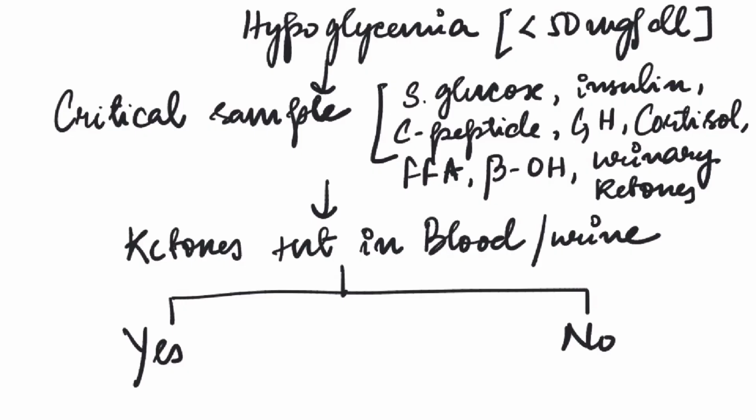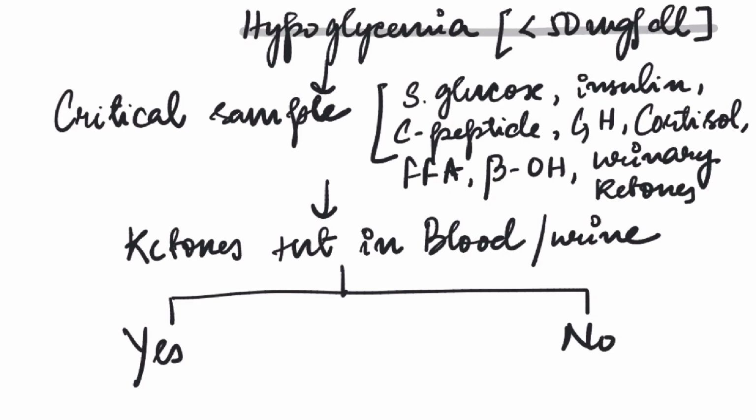Now, let us try to simplify the Nelson table. I have written this in a handwritten format, and I have also taken some ideas from the UK guidelines because the table was really good. I have tried to combine them both so that we can easily approach patients as well as solve our MCQs. Here, hypoglycemia is less than 50 milligram per deciliter.